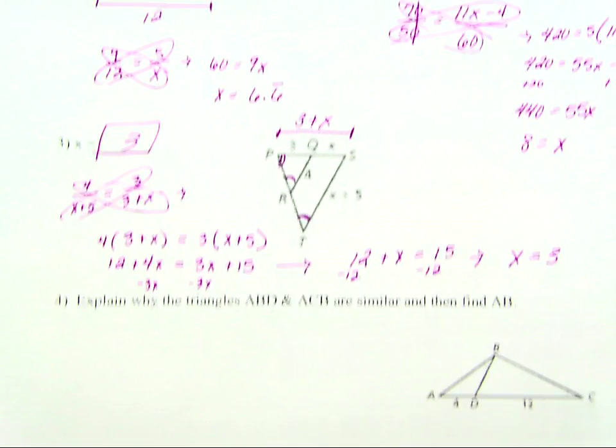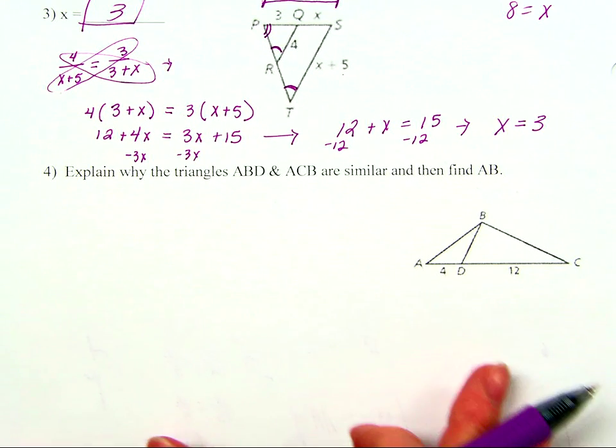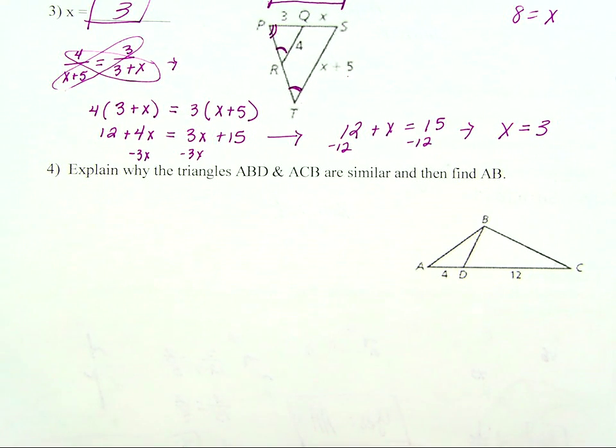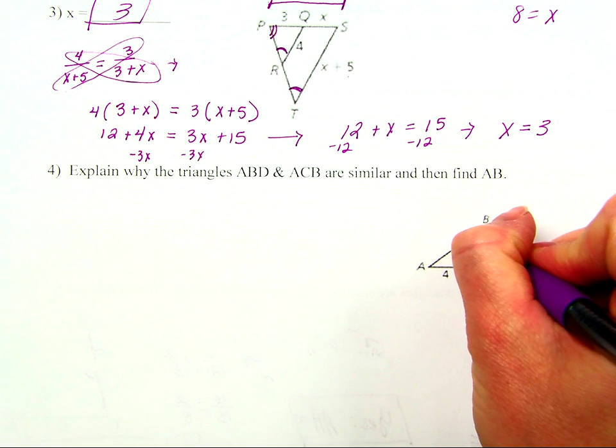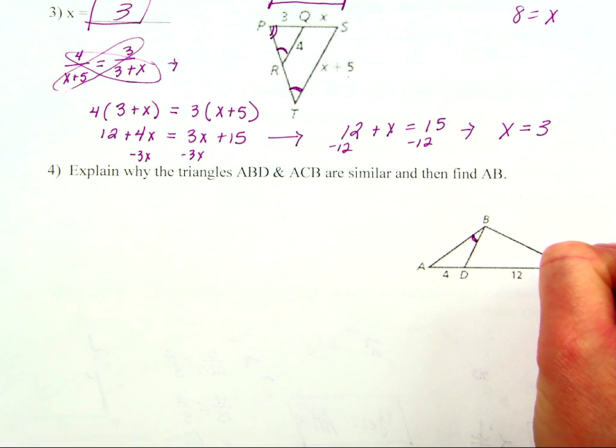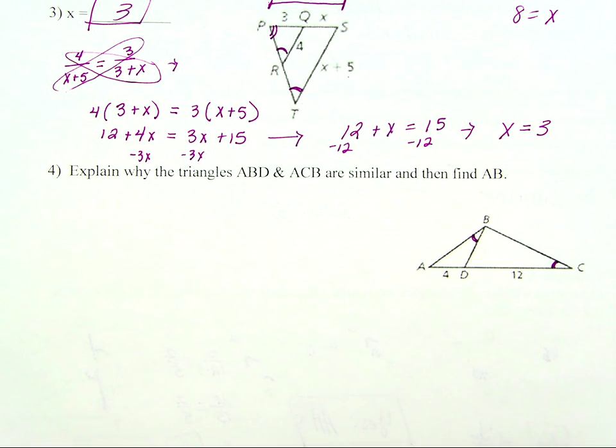Okay, let's look at one last example. Example 4 is asking us to explain why triangles are similar. Now there's actually three triangles here.